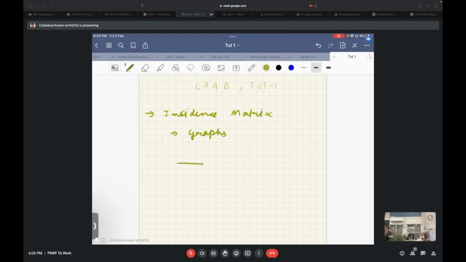Let's say we have a skeleton of a circuit with four nodes, and we know the currents I1, I2, I3, I4, I5, and I6.